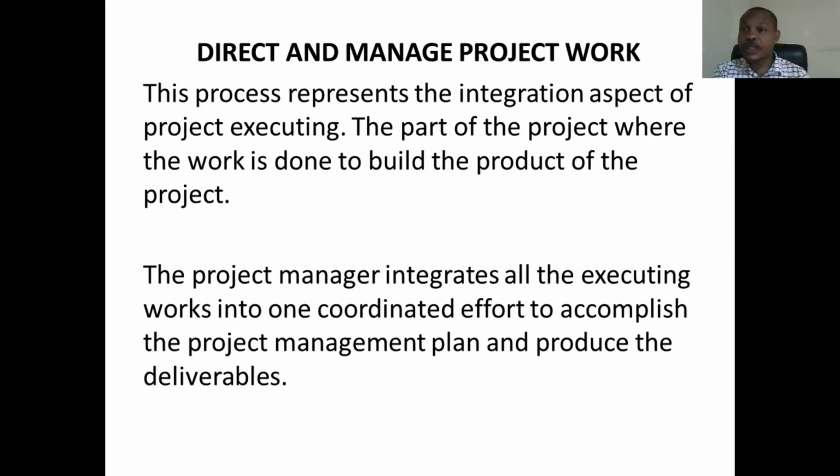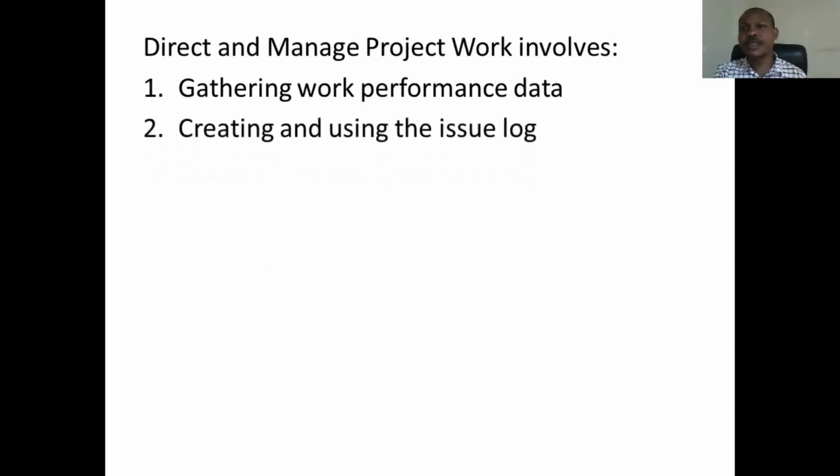I'm going to come to that when we talk about monitoring and control. But meanwhile, direct and manage project work is the area where the project is being executed. It involves gathering work performance data, creating and using an issue log.